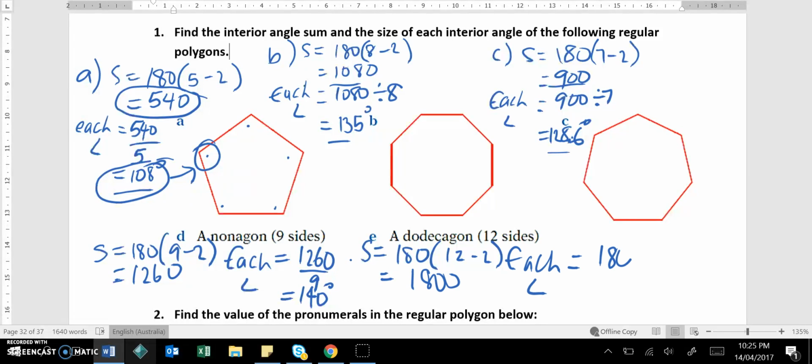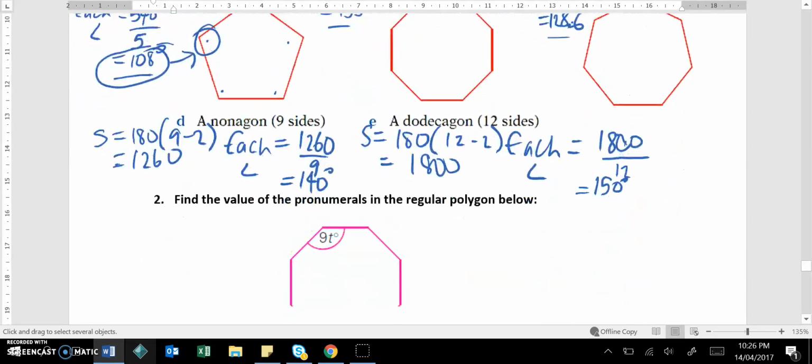Then for the dodecagon, we'd be doing 1800 divided by 12, which is 150 degrees. Okay, so in that question we're doing two things, working out the interior angle sum, and then also the size of each single angle.